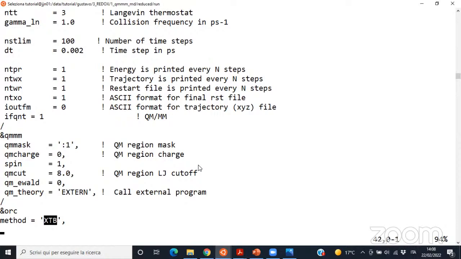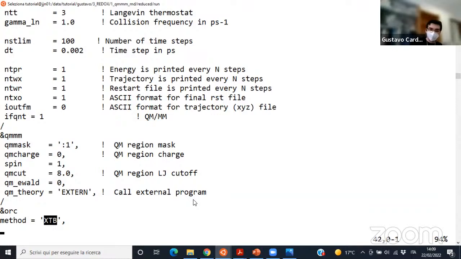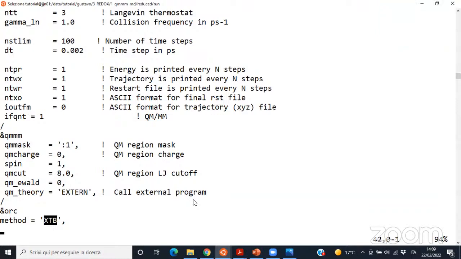Because in this case our QM part is only the solute molecule, but if you wanted, for some reason, to study more deeply the interaction of our solute with some part of the solvent, and the rest of the solvent that's far from the solute in a different treatment. Yeah.